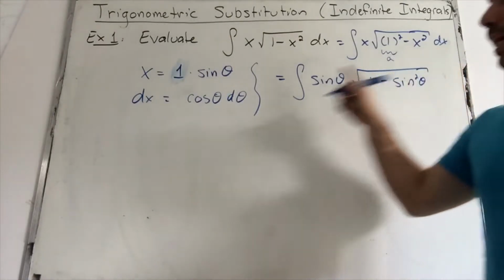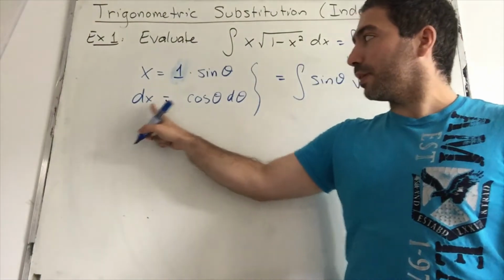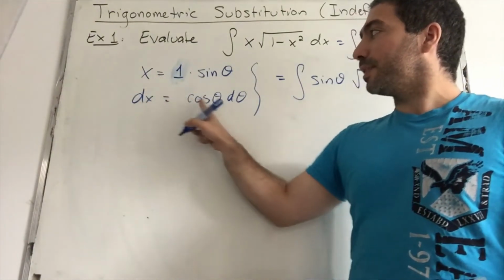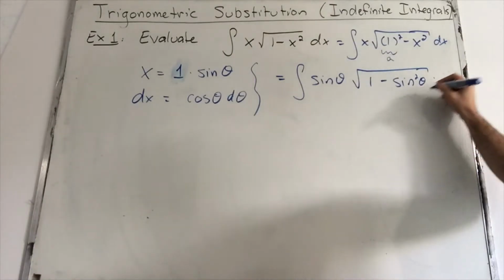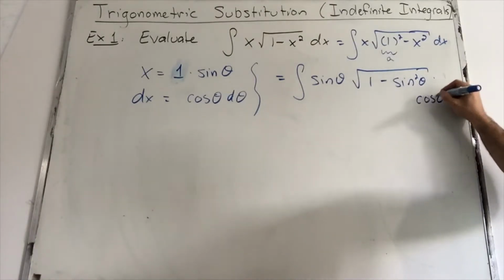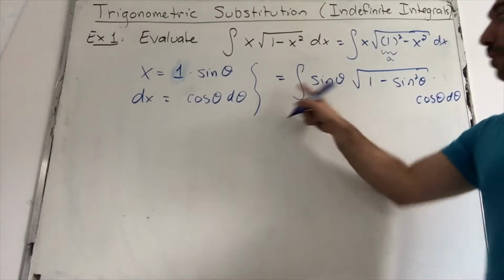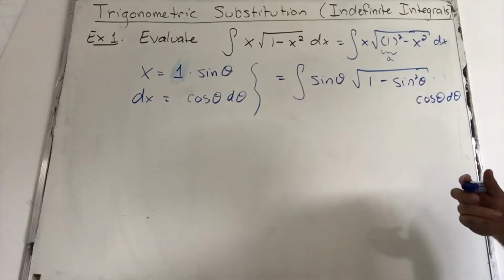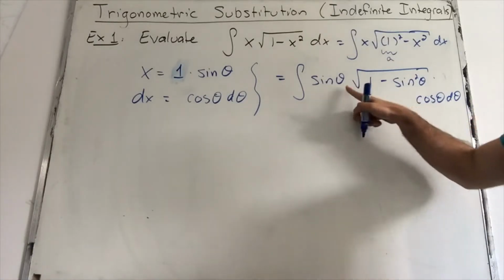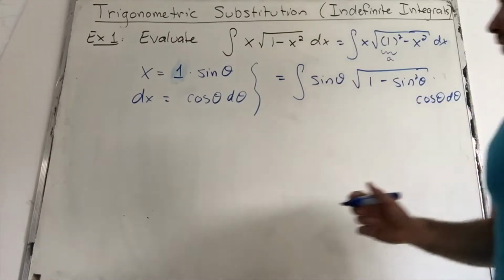Okay. And dx, we're going to substitute using our derivative. When we took the derivative, it's equal to cos theta d theta. So I don't have space, but on the outside of the bracket, we have cos theta d theta. So we transformed everything in terms of theta now. Okay, so there's no x's involved in here.